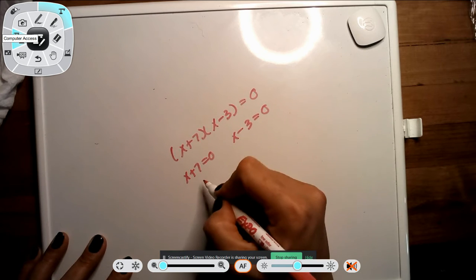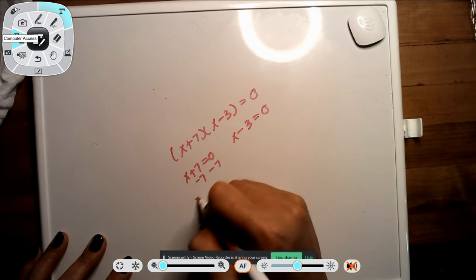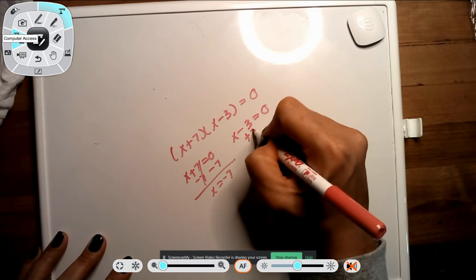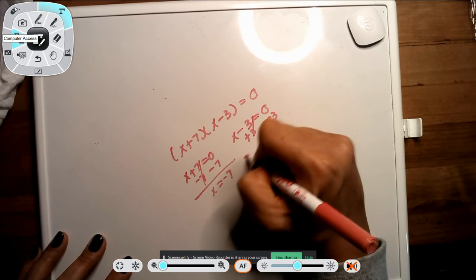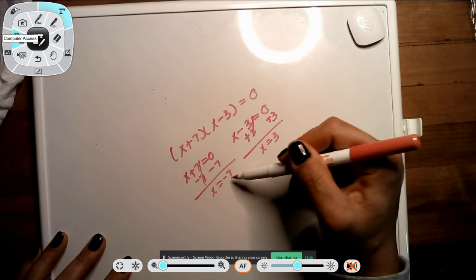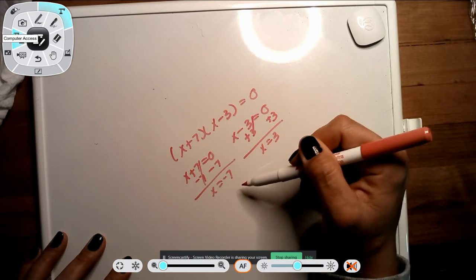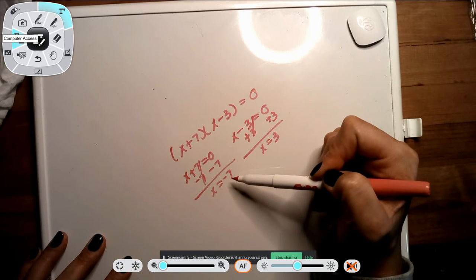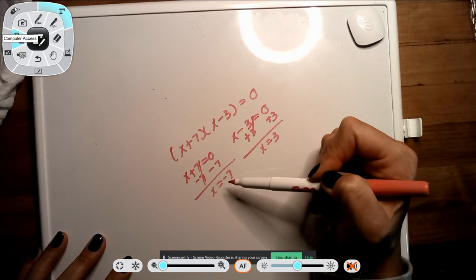In this one, I would subtract 7 from both sides. x equals negative 7. I would add 3 to both sides. x equals positive 3. These are the values of x that would give me a 0. It's not just saying that x equals 0. It's what values of x would make my number 0.